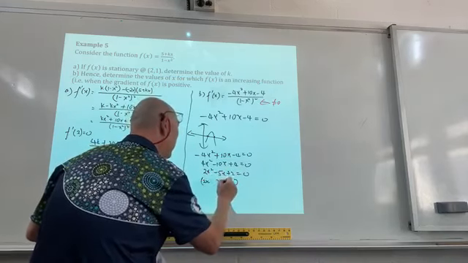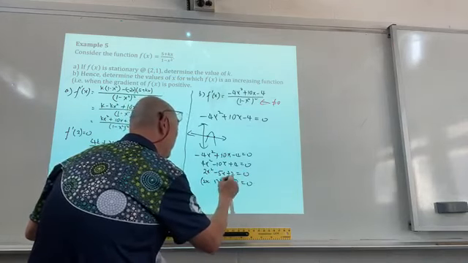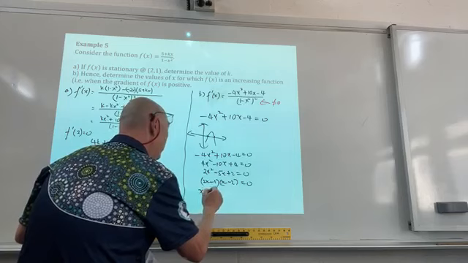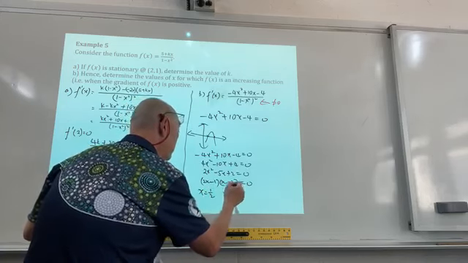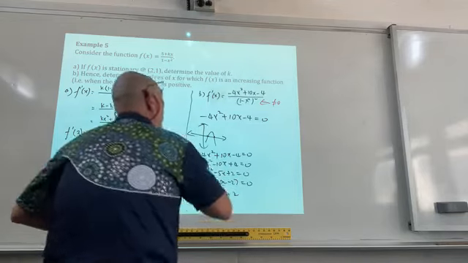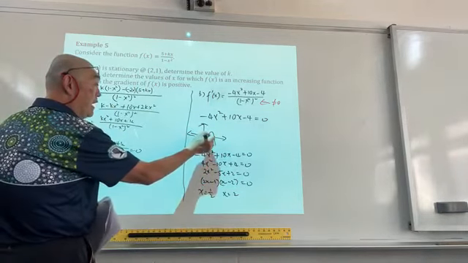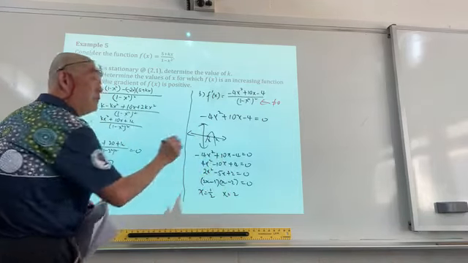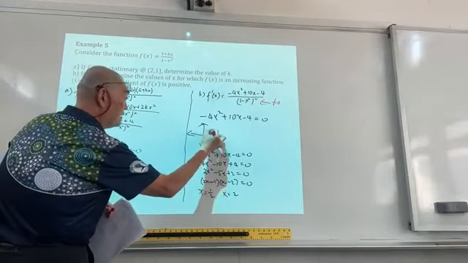So x equals half and x equals 2. So you therefore know that this point will be half, this point will be 2. Happy with that? So between these two points it is positive.